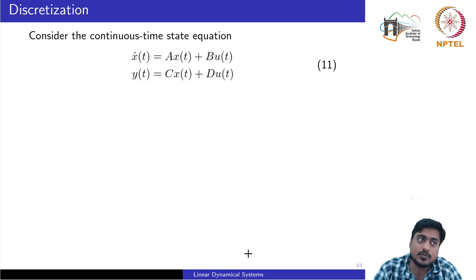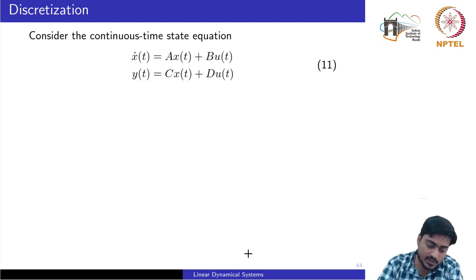So the first approach is either we discretize the continuous time system or we directly use the discrete time system. Given a continuous time system, first of all we will see how we can discretize it.